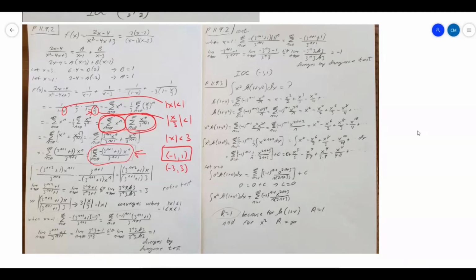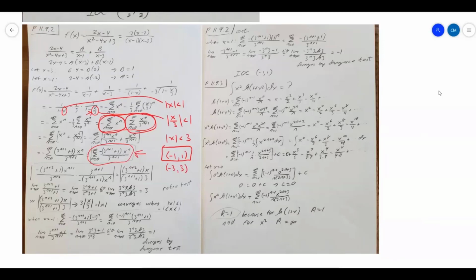Okay, so when you're faced with this kind of thing, you have to do a partial fraction decomposition on it. What's the radius? And then there's two different series that you're checking. Which one do you want to choose? You always want to choose the one that has the smaller interval. If you look at both of the intervals together, that would be called the intersection of the two intervals, the overlap, basically.